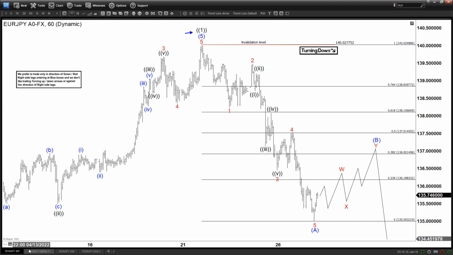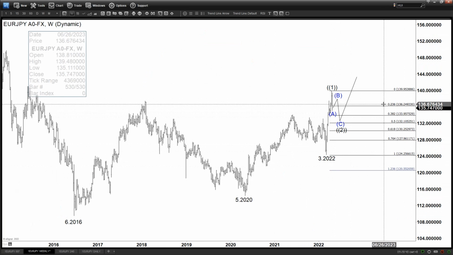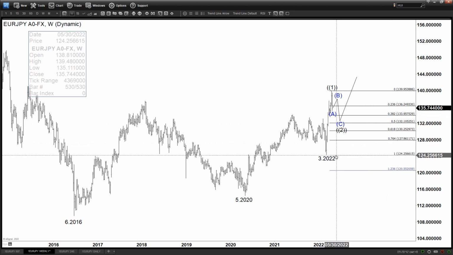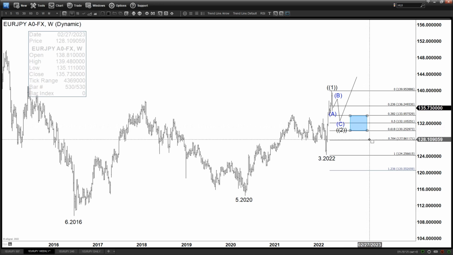Now once we see a clear ABC pullback, you can see the retracement so far is only a little bit below the 23.6. Once you see a clear pullback, then we favor more upside. So let's say you use the 38.2 as a rough guideline, 38.2% retracement all the way down to 61.8%.